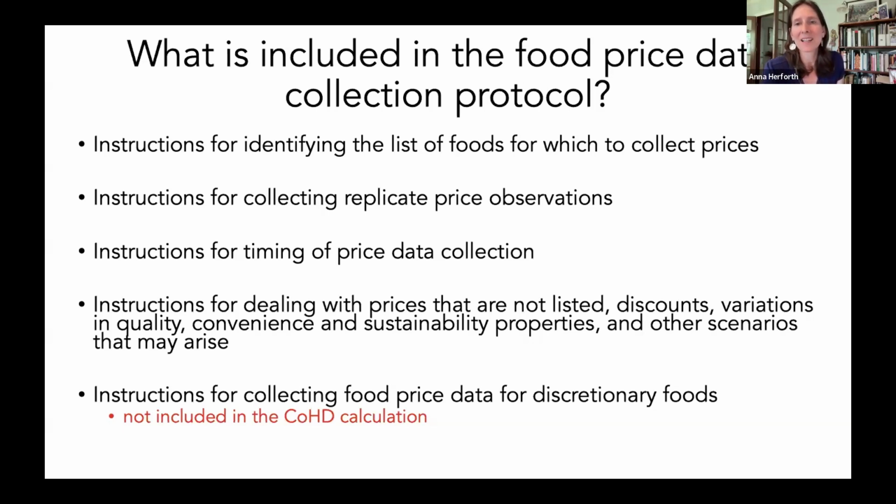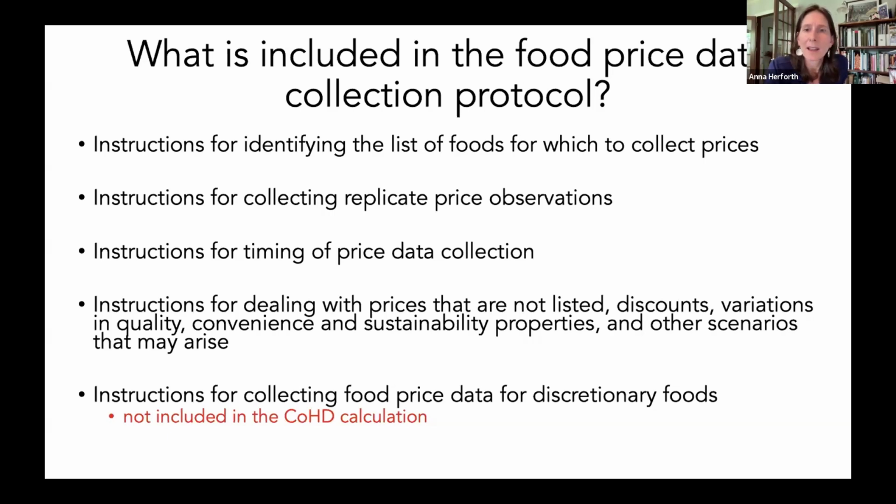It seems like it's an easy thing to collect food prices, but the devil's in the detail, and we've identified a bunch of different things that come up when you go into a market and try to get prices that really reflect what consumers are facing when they go to buy foods. And so again, we also have instructions for collecting food price data for other foods that are not necessarily recommended, but are competing with healthier options.